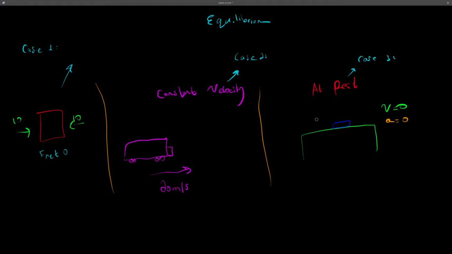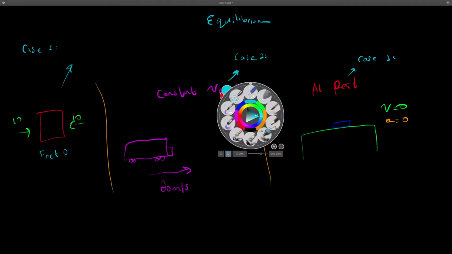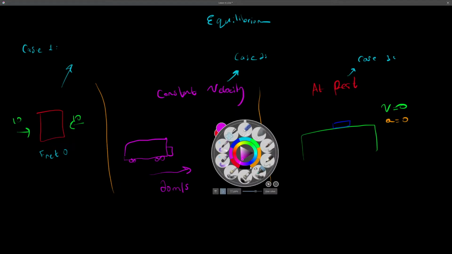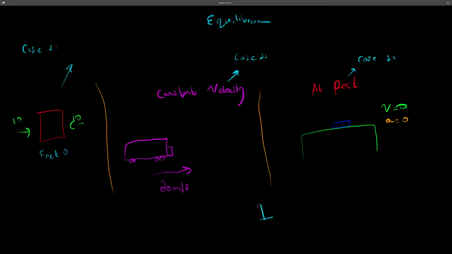Now, why do I care if an object is in equilibrium? Well, you should know that there's something called inertia. Inertia is the resistance of an object in equilibrium to change. That is what inertia means.